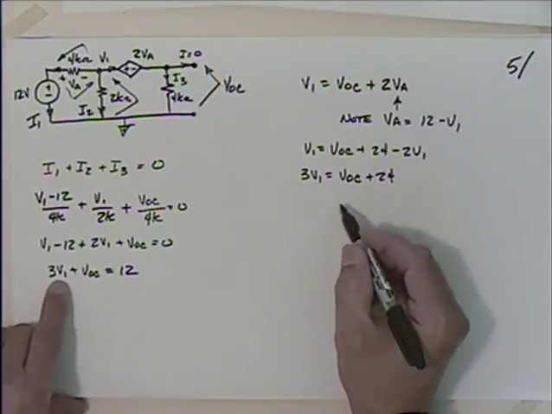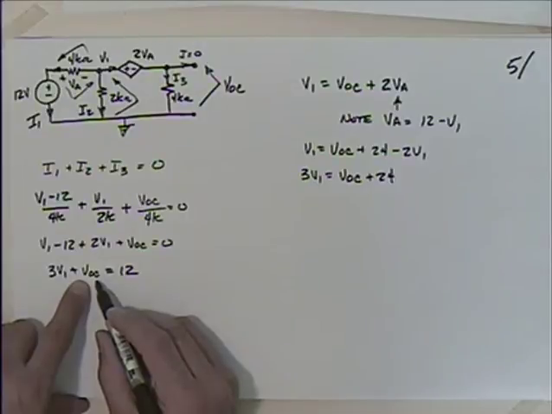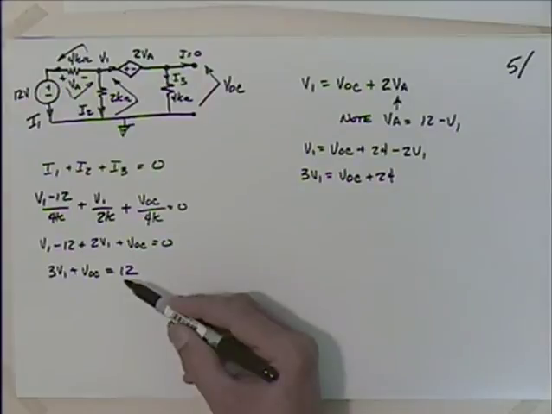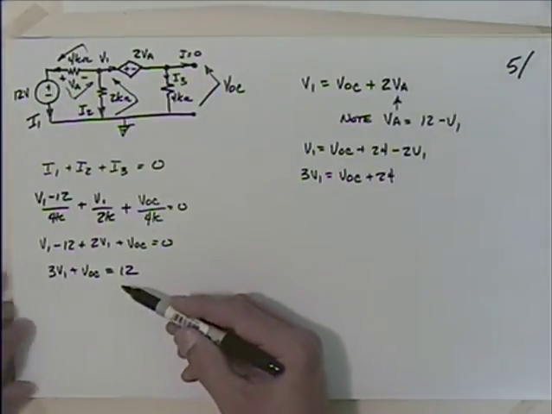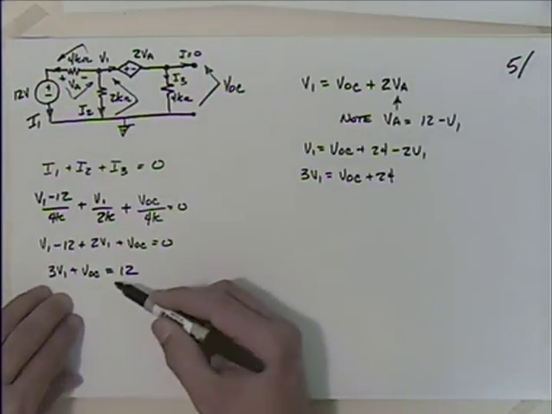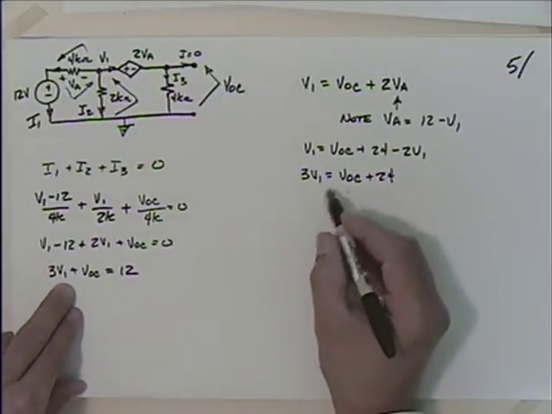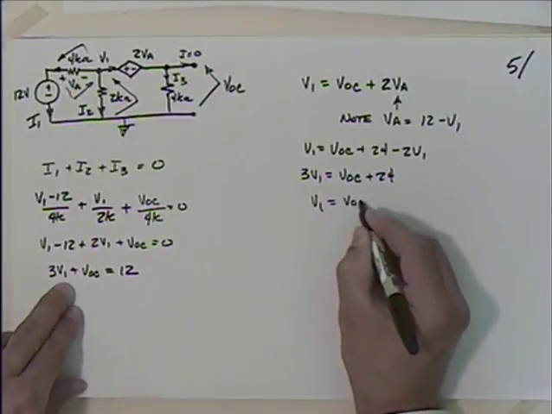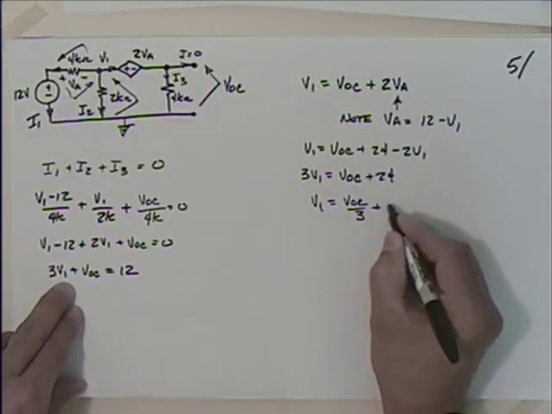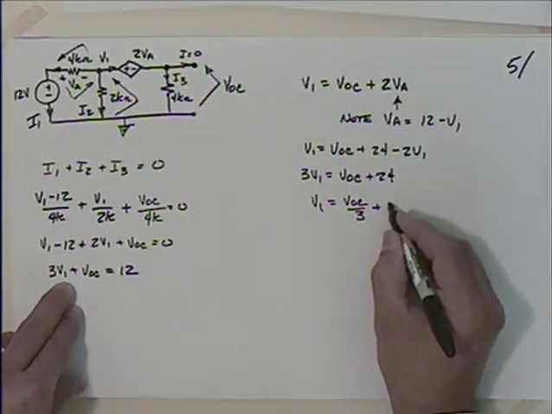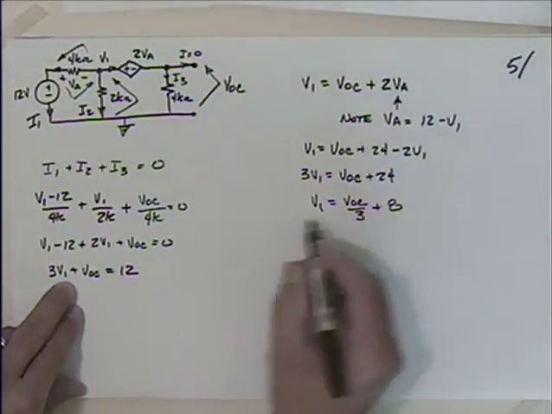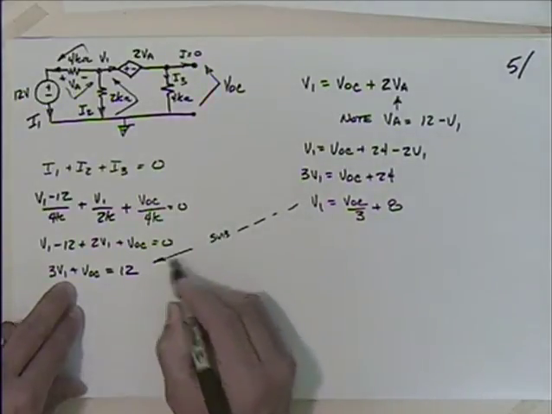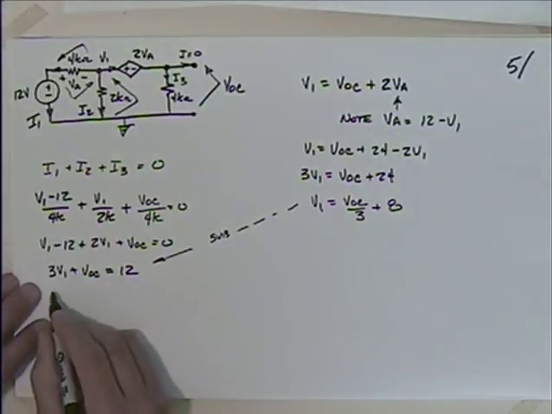And then what I would really like to do, I mean, I would like V open circuit. That's what I'm looking for. So what I want to do is substitute for V1. You could substitute for whichever one you want, you're just going to have to go through more work to get it. So let's make a smart substitution and say then that V1 is equal to V open circuit divided by 3 plus 24 over 3, which is 8. So that's what V1 is. Now I'm going to substitute that in here.